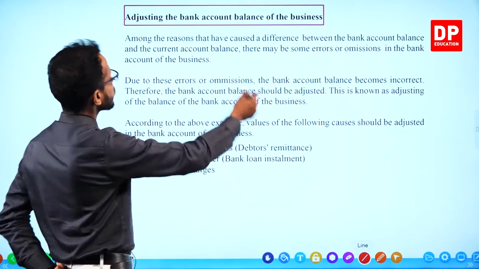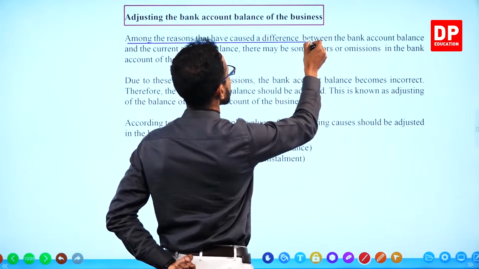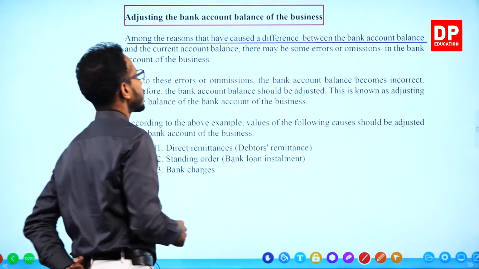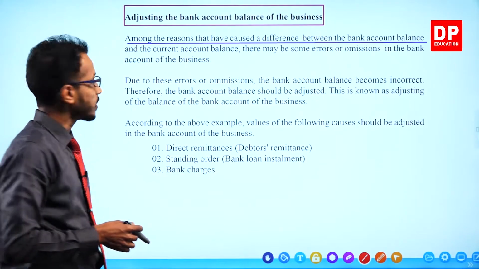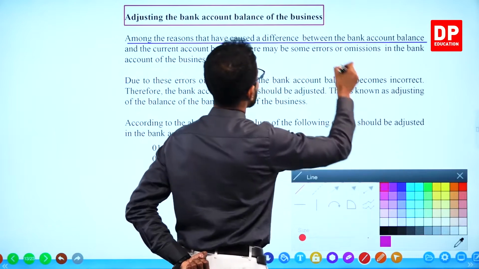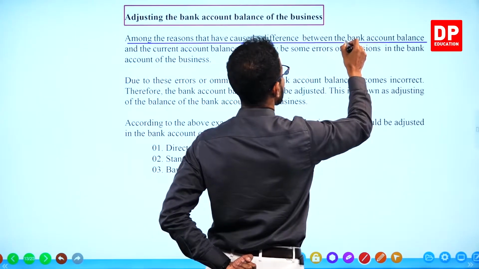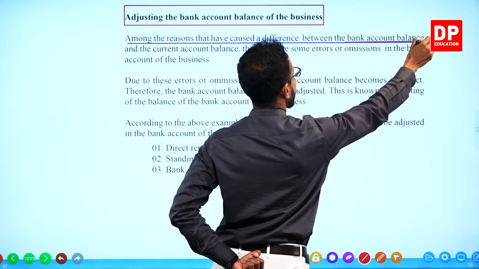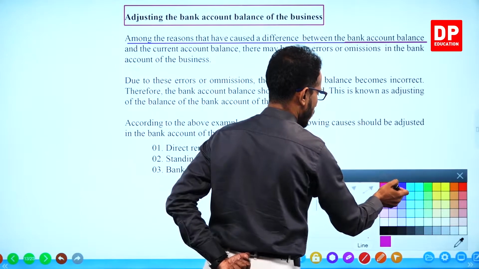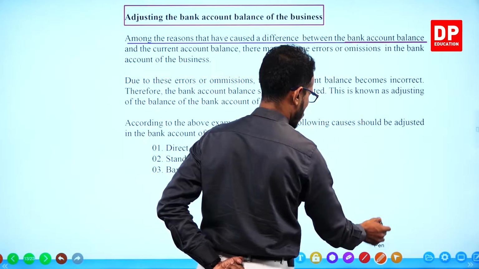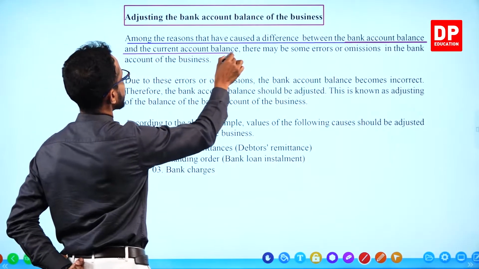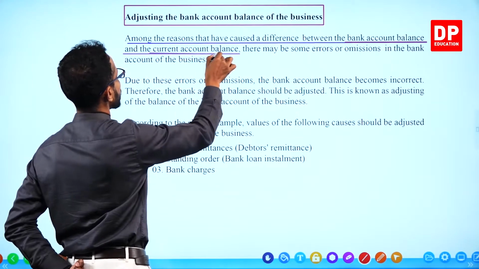I'm going to put pink color for the bank account balance, that is our bank account, the business bank account, and purple for the other balance, that is the current account balance.